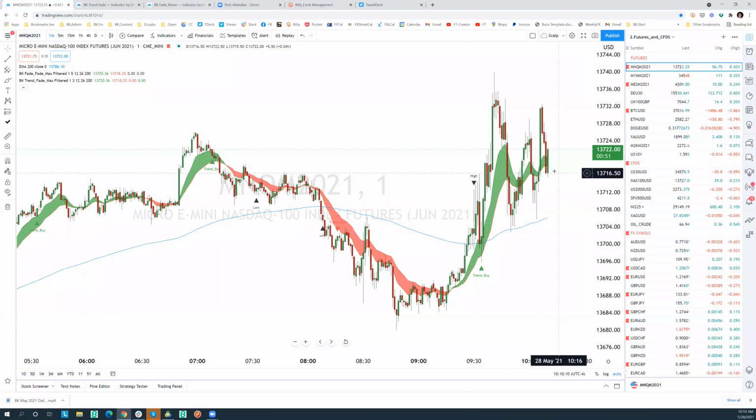I was going to say, if this candle stays above the green, we'll give it another shot because why not? It's Friday. We've got nothing else to do.